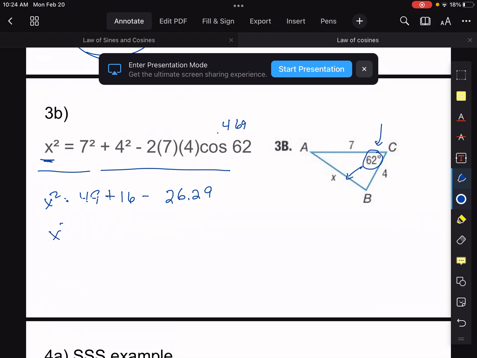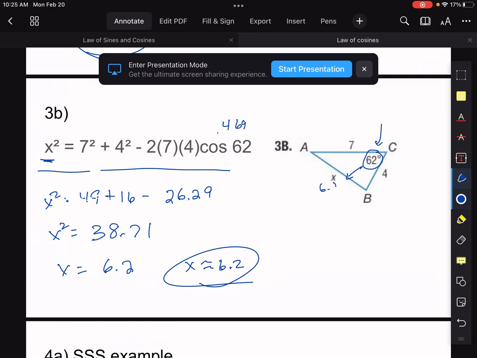Now we have x squared equaling, let's do that whole thing out. 49 plus 16 gives us 65, and if we subtract 26.29 from that, we end up with approximately 38.71. Take the square root of that, and we get x is approximately 6.2.